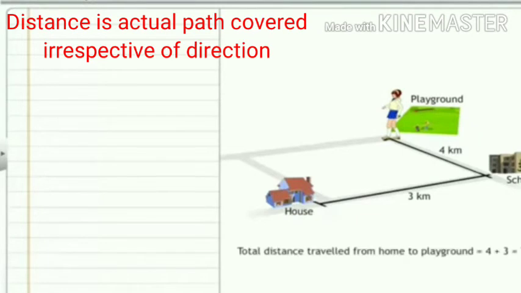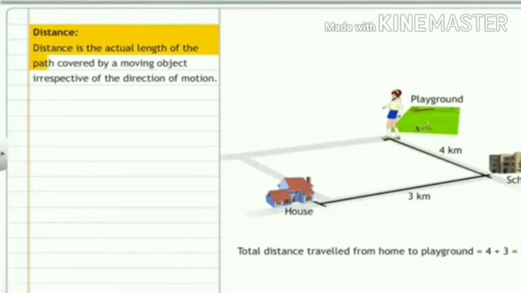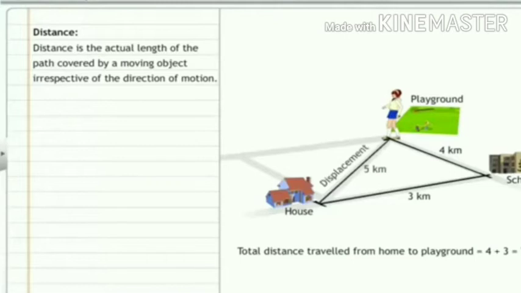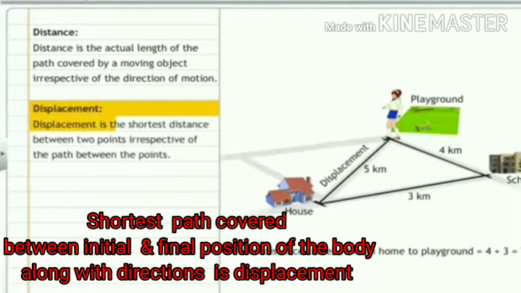Thus, distance is the actual length or the path covered by a moving object, irrespective of the direction of the motion. But the displacement is the shortest path covered by an object between the initial position and final position of the body along a specific direction.